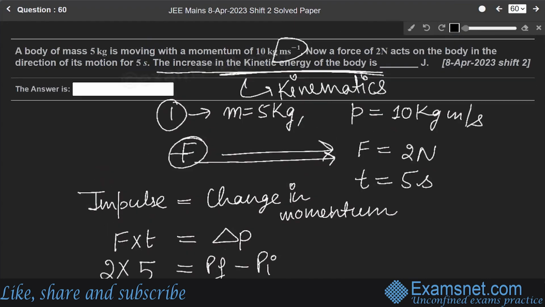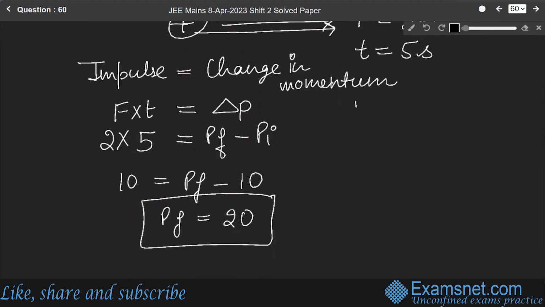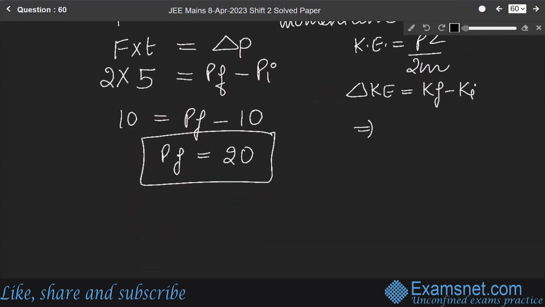Okay. Now it is asking for the increase in the kinetic energy. Since kinetic energy is equal to P square by 2m, the increase in kinetic energy means delta kinetic energy, which will be equal to final minus initial. So the final kinetic energy will be Pf square by 2m, and the initial kinetic energy will be Pi square by 2m.